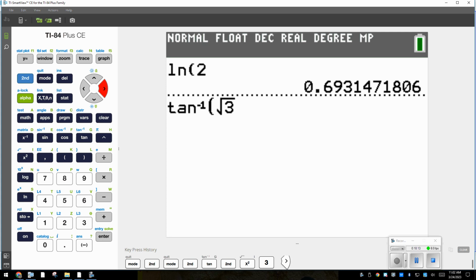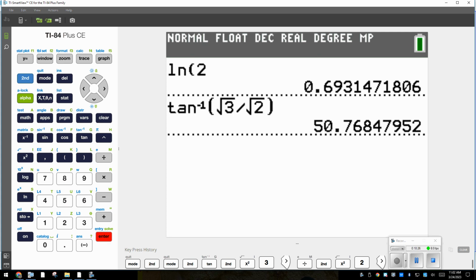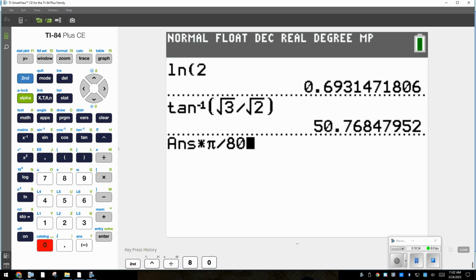I did it the old-fashioned way. I didn't do the alpha y equals, the nicer looking way, right? Square root of 3 over the square root of 2. Hit enter. Now keep that decimal, just times it by pi divided by 180.